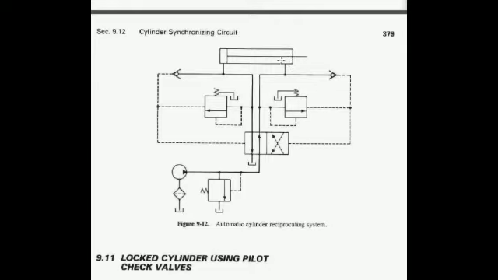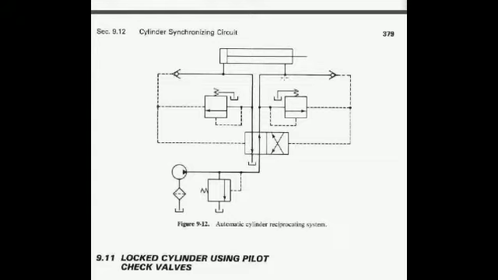Once I get the complete extension of the cylinder, there is an increase in the pressure on the back side of the cylinder, that is, on the blind end side. That increase in pressure is going to make this valve move from off center position to center position, so that I will get the fluid flow in this direction, and that is going to again actuate this position of the direction control valve.